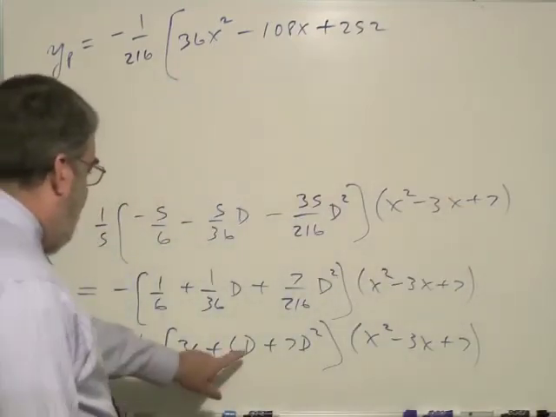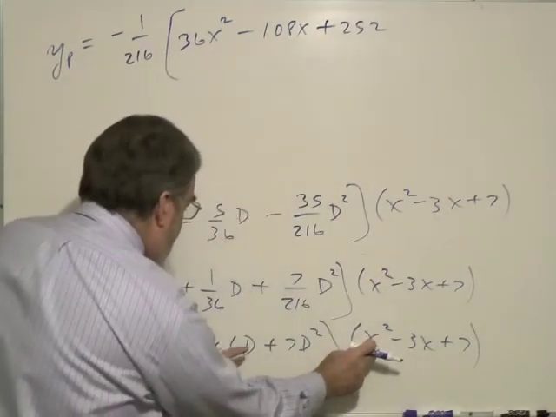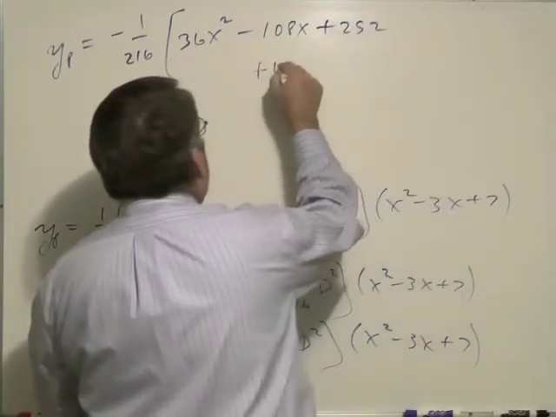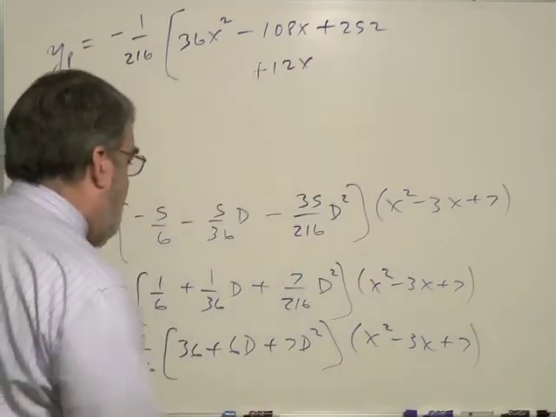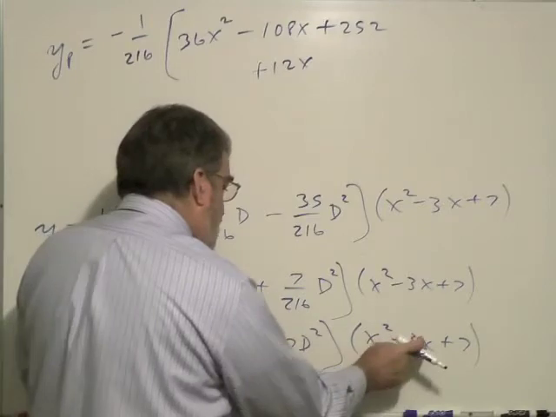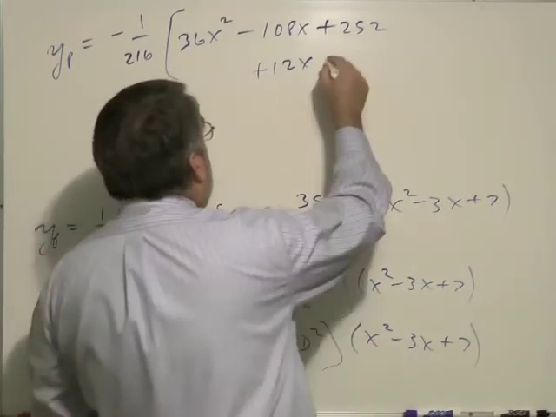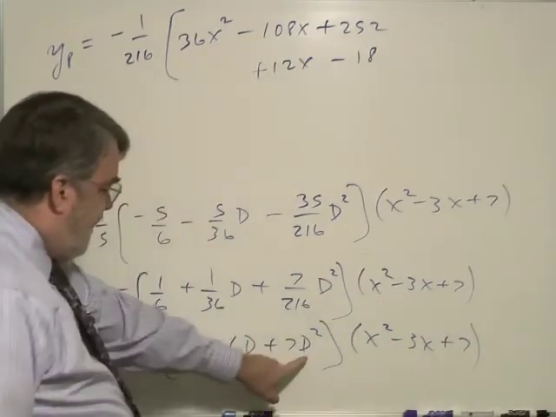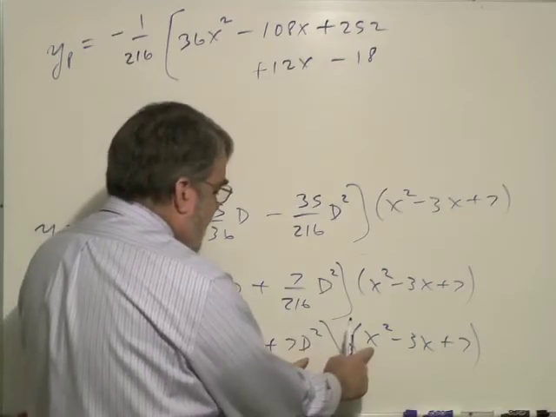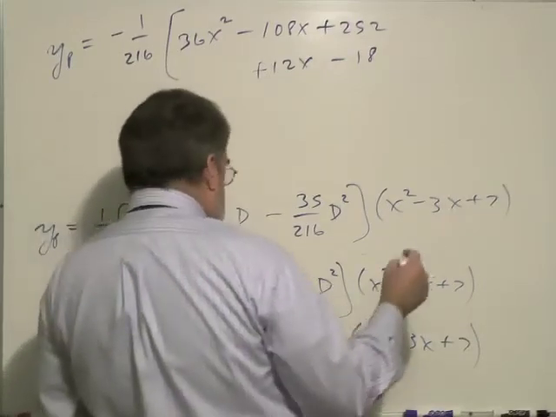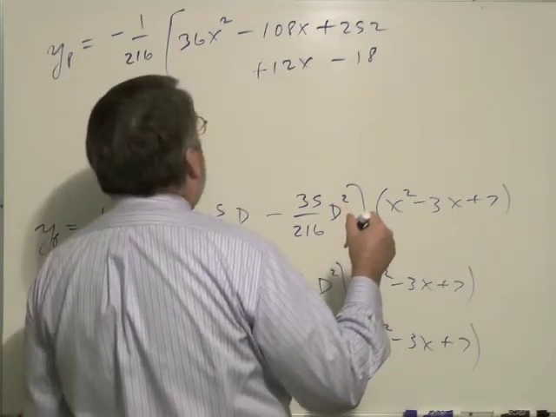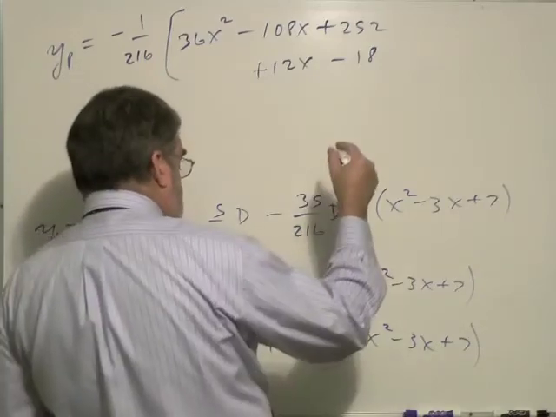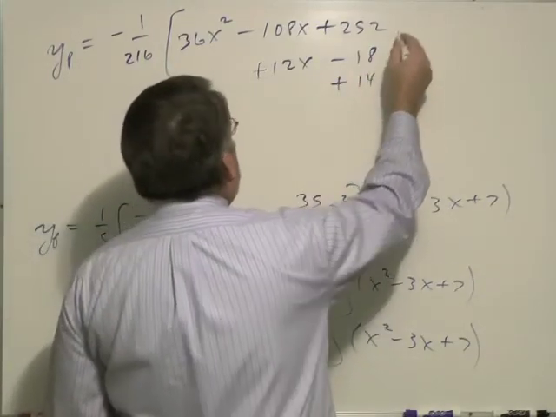Now I have 6 times the first derivative, so this is 2x times 6 is 12x, and minus, this derivative is minus 3 times 6 is minus 18, and then this derivative is 0. The second derivative, I only have to worry about this. The second derivative of x squared is 2, 2 times 7 is 14. So that's plus 14. Now just making sure I had the signs correct here. All right, plus 14.